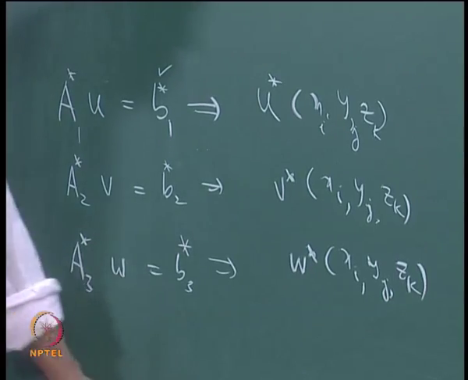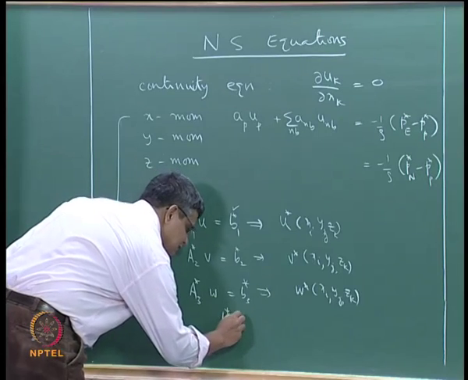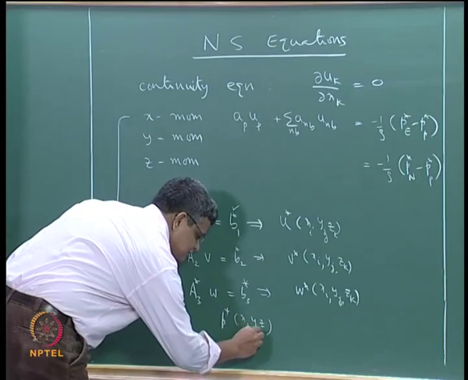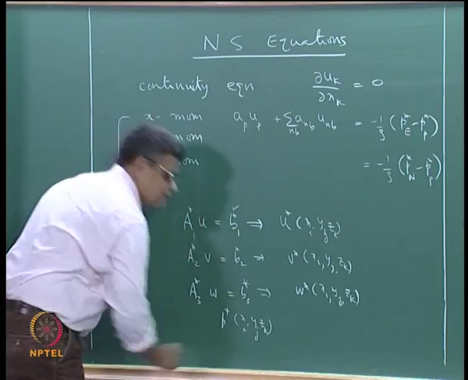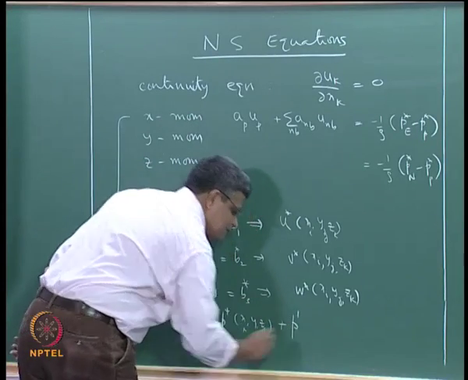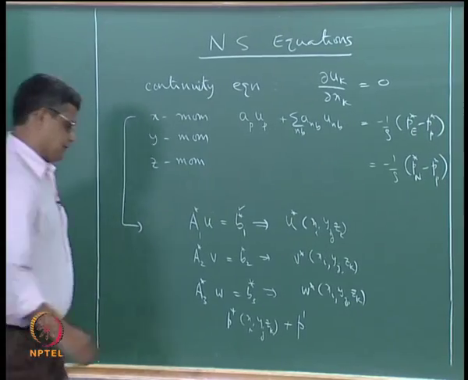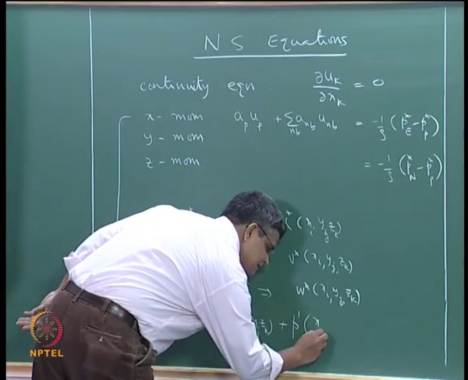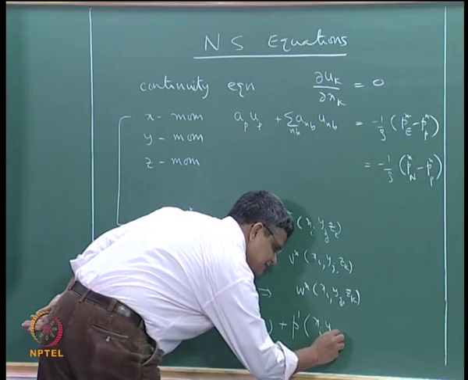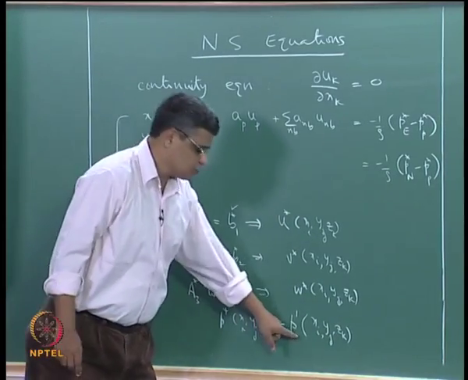Now we introduce a pressure correction: the p star of x, y, z, again at discrete points xi, yj, zk, is now being supplemented with a correction which we call p prime, and this again is to be specified at xi, yj, zk. As of now this is not known.